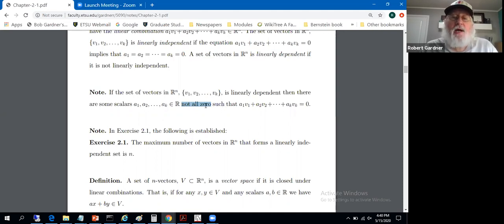The one that has a non-zero coefficient in this equation. If it's the second one, take that to the other side of the equation. We get a negative a sub 2, v sub 2 on this side. Divide both sides by that negative a sub 2, and you've got v sub 2 as a linear combination of the rest of them. Which ones? Well, the ones that have non-zero coefficients. But think of linear dependence as redundance in terms of spans. More of that to come.